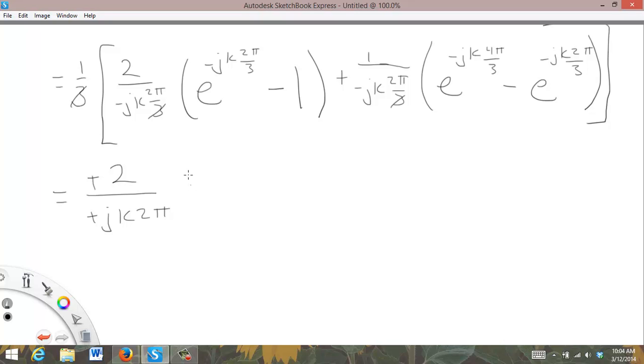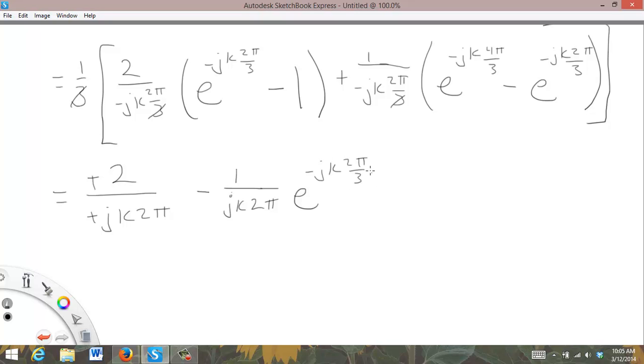And then I have plus 2 over negative, or negative. So minus 2 plus 1 is just negative 1 over j k 2 pi times e to the minus j k 2 pi over 3.